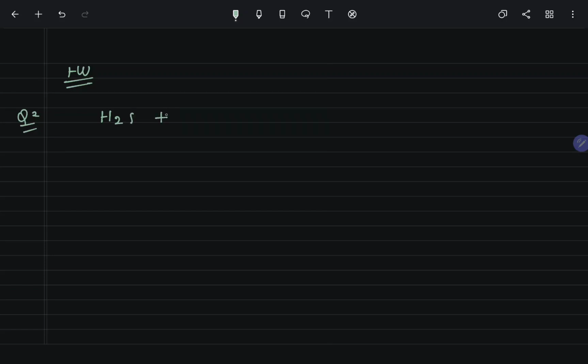H2S plus HNO3 is equal to NO plus S plus H2O. So this is the equation. If you have understood properly, then you will be able to do this very, very easily. So that's all. This is the homework. You have to answer in the chat box.